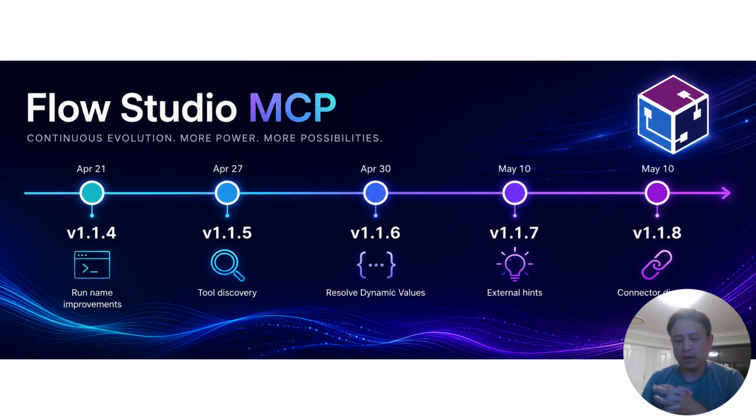1.18 is the immediate update once we shipped the hints. As we were exploring more with the dynamic values, we realized two particular data sets are SharePoint lists and Dataverse fields, so Dataverse tables, Dataverse entities. When we get to the list or the entities, we want to go further and see the fields, the columns in there.